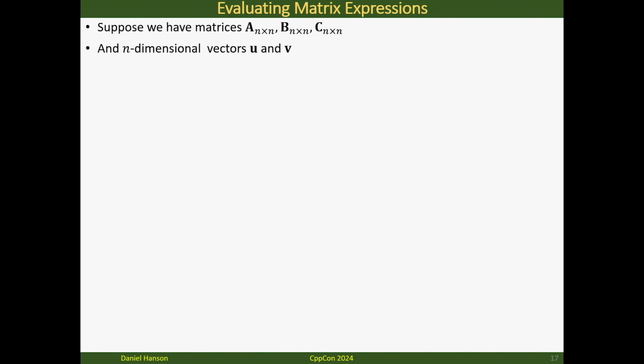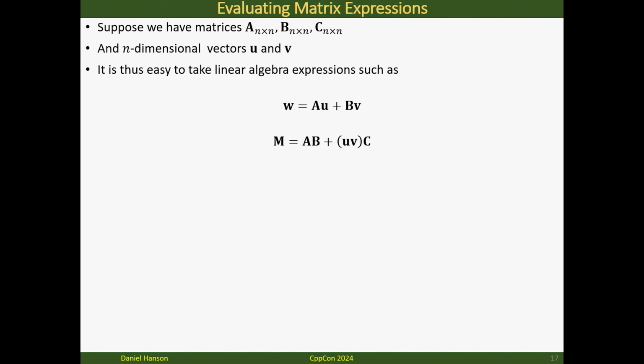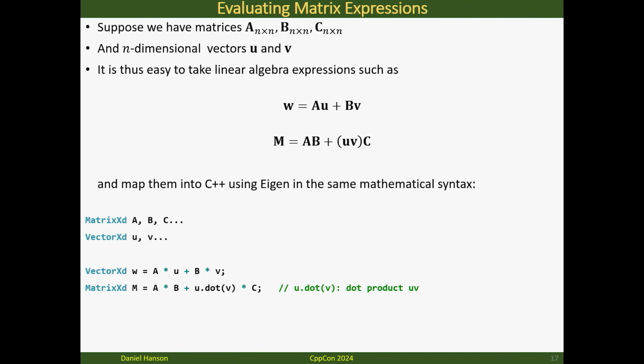Okay, as I said, it's very nice because you can take mathematical statements and pretty much as they're written mathematically, write them into code. So for example, if we have these two mathematical expressions, then we can map them into C++ using Eigen, as you see here. The only difference is this using the dot member function here.